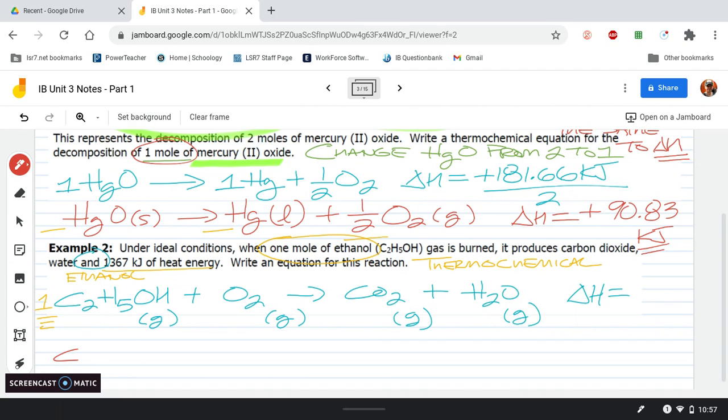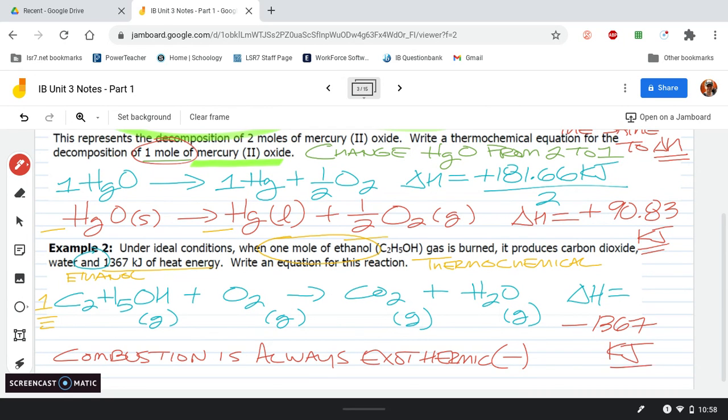So we want to remember that combustion is always exothermic or negative, right? So delta H here would be negative. Don't forget the negative 1367 kilojoules, because they don't give you the negative in the problem, but you have to understand combustion is always negative.